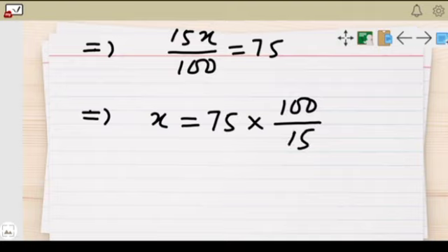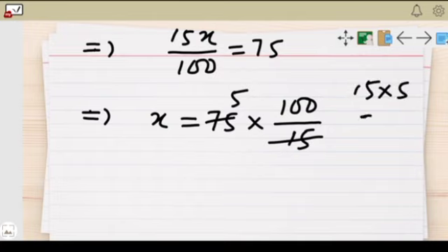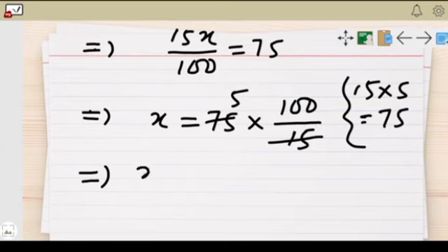Okay, 15 5 75. I think it's very easy. 15 5 75. So 15 into 5, you'll be getting how much? 75. Okay, so implies now x equal to 5 into 100, we have 500.